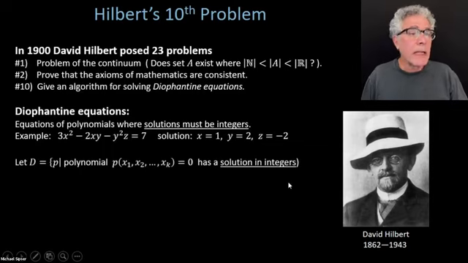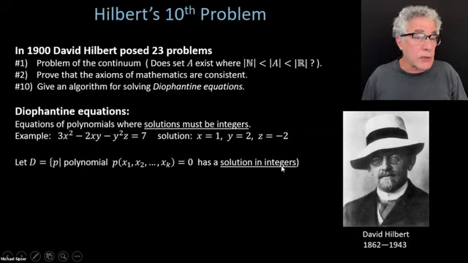All right. Now, the general problem that Hilbert was addressing is, suppose I give you a polynomial. Let's say it's set to 0, so we're looking for roots of the polynomial, but just some polynomial equation. You can always put it in this form. And I want to know, does it have a solution in integers?